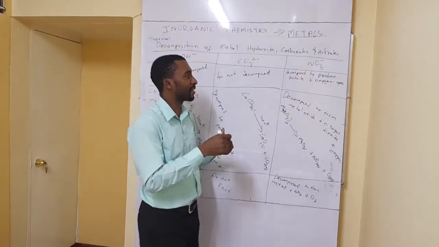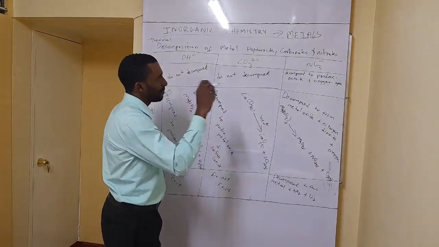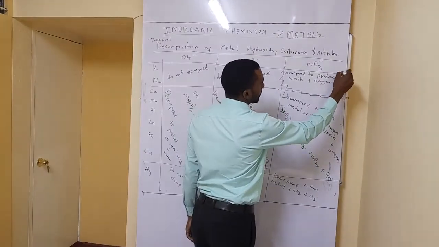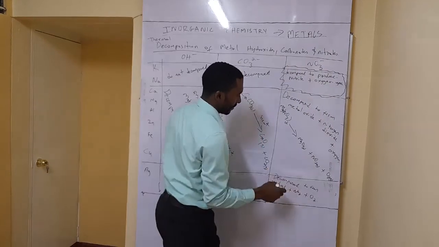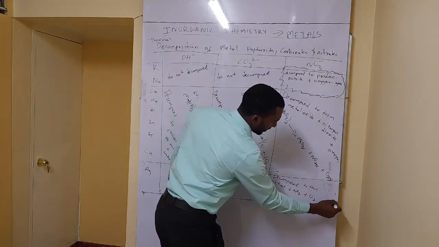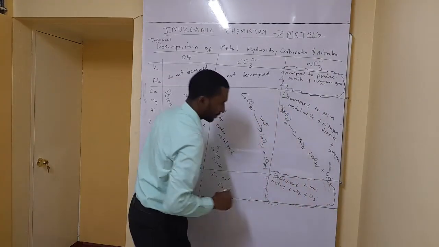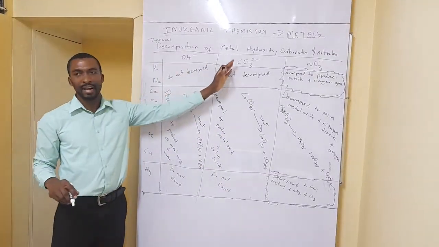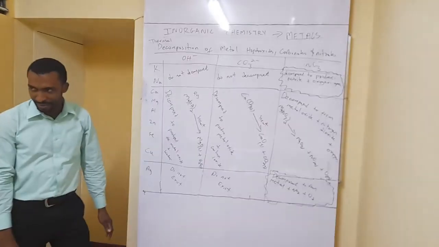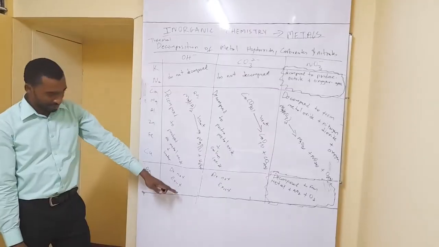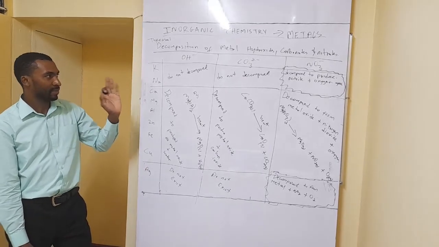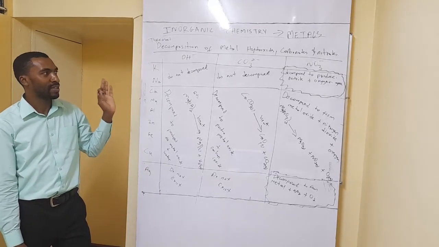That's a little exception. So the main thing from this table that you have to remember is the nitrates. They behave slightly differently from the others, alright? Hydroxide and carbonate basically behave the same throughout the trend. It's predictable. So all hydroxides and carbonates for potassium and sodium don't decompose.